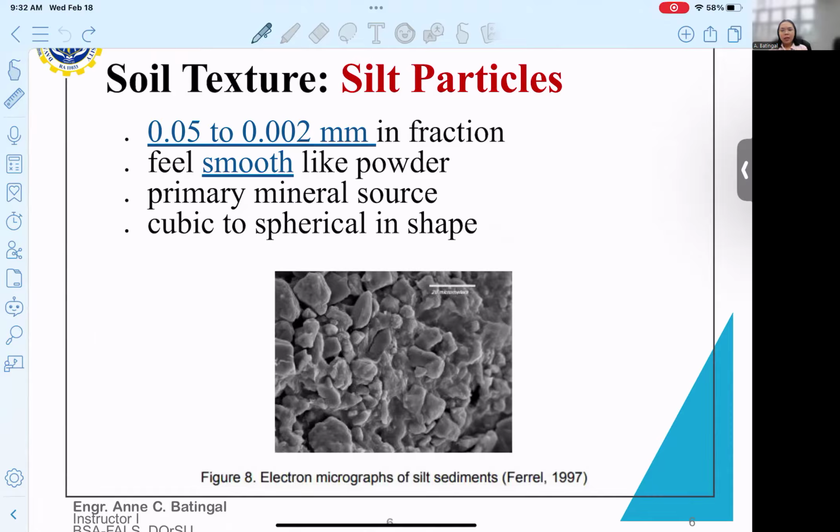So sand and silt are distinct from each other in terms of their size, kasi pag mas malaki, yun yung si sand. And pag less than na lang gani sa kadtong lower limit sa dimensions ni sand, that's now your silt particles. Pero still, your silt particles is the same with your sand particles.